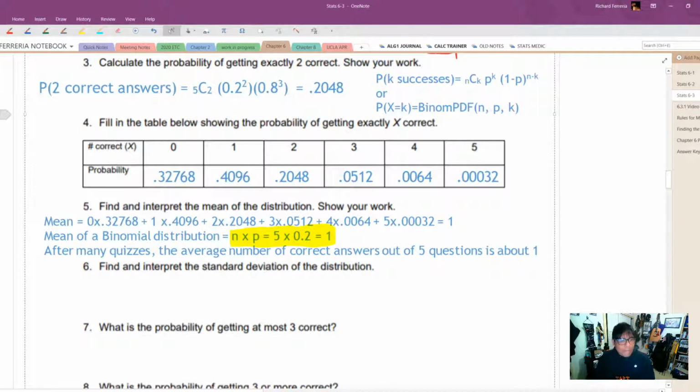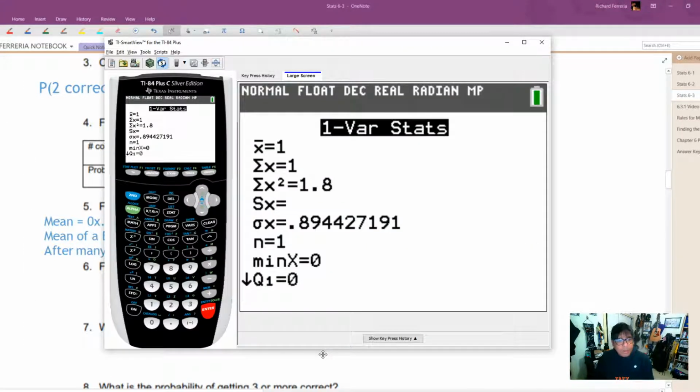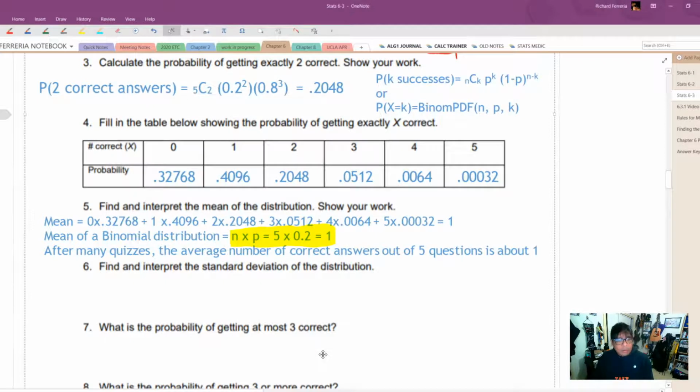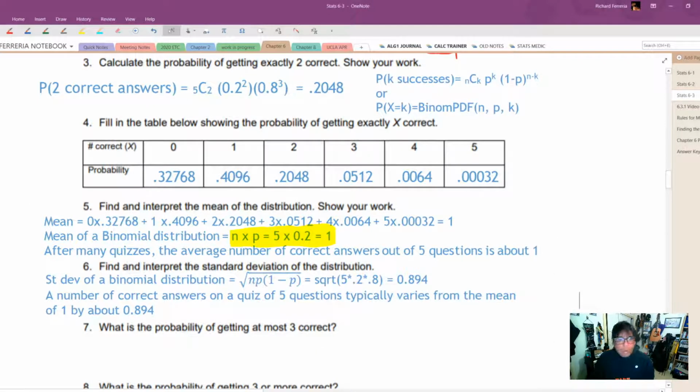Next, how about the standard deviation of the binomial distribution? We found that already on our calculator. It was 0.894. Well, we could go about it that way, or we can see that there is actually a formula for the standard deviation of a binomial distribution.